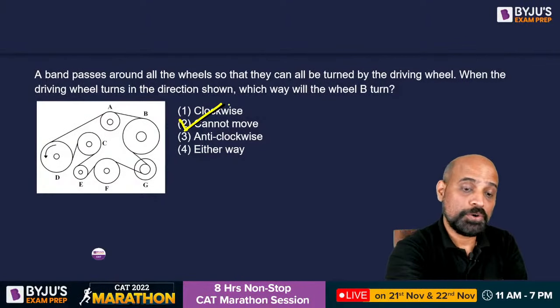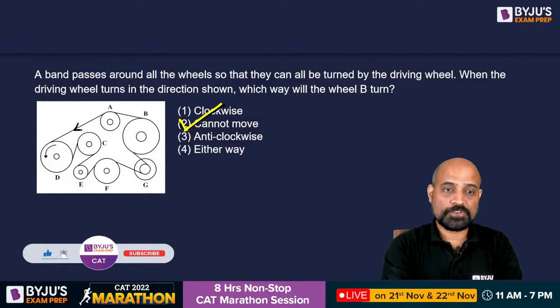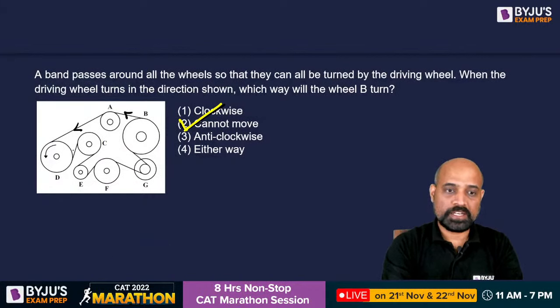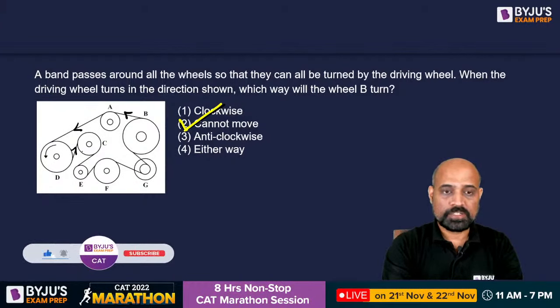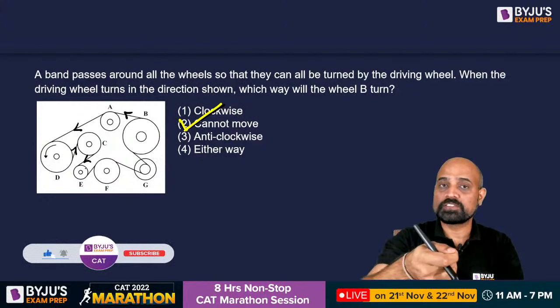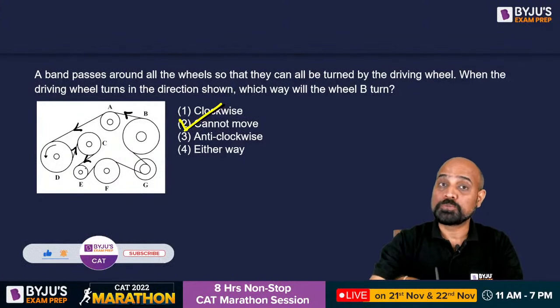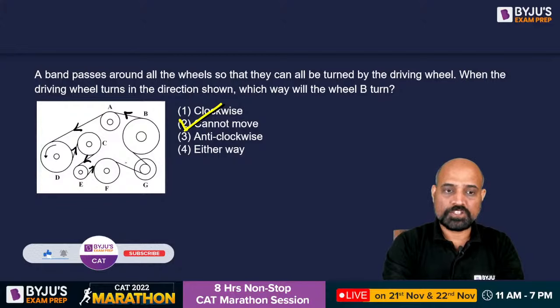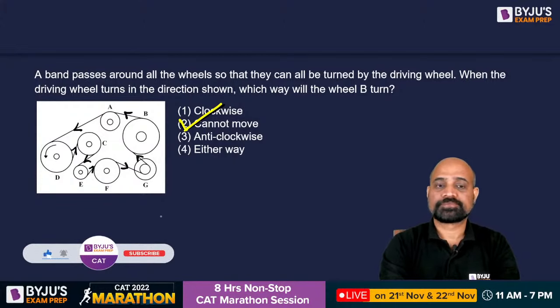So this gives you an idea that the wheel is not going to move. If you don't know that, you will have to actually go through the entire process. So the arrow is denoting in which direction the rope or the band is supposed to move. So ये इस direction में move करने की कोशिश कर रहा है.